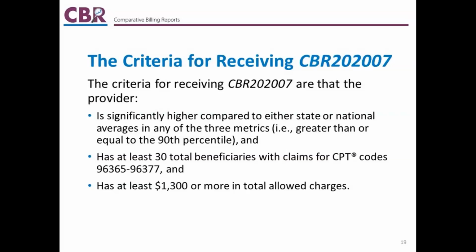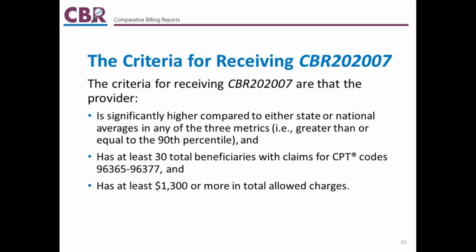That criteria is that the provider is significantly higher when compared to either the state or national averages in any of the three metrics, i.e. greater than or equal to the 90th percentile, and has at least 30 total beneficiaries with claims for CPT codes 96365 through 96377, and has at least $1,300 or more in total allowed charges.